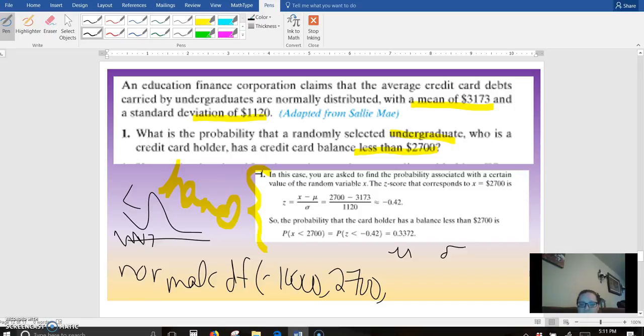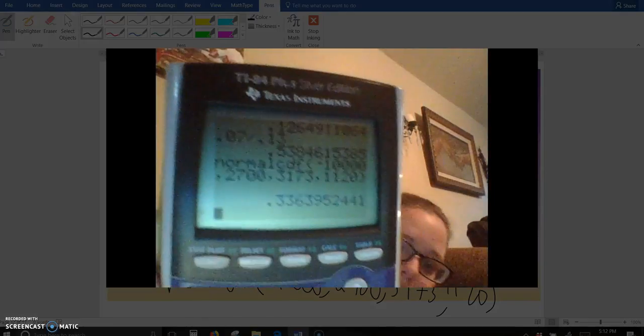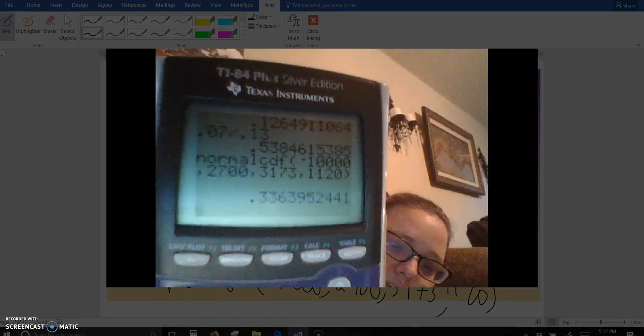So the mean, and we're using the standard deviation because it's an individual. It's one thing. And so the mean was 3173. Standard deviation was 1120. And we're going to stick that in our calculator. Okay. Here we are. Stick that in our calculator, and we still get 0.3364.